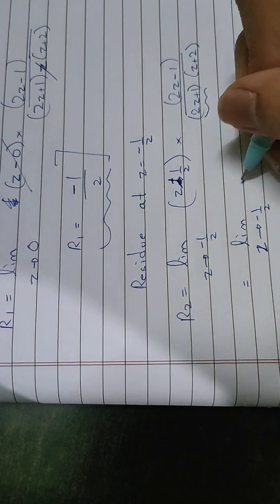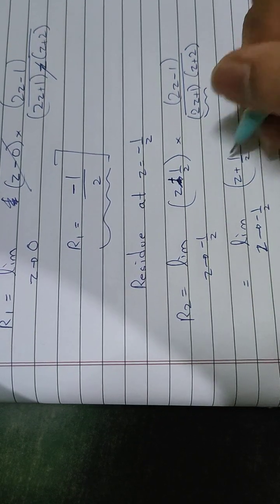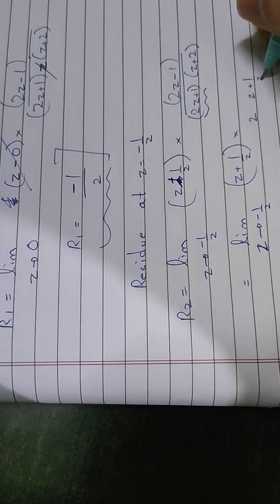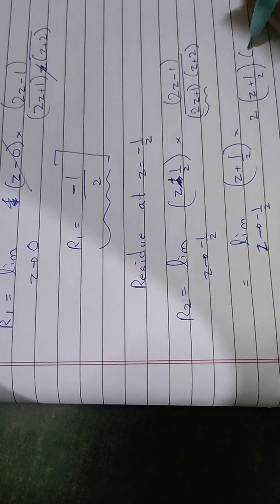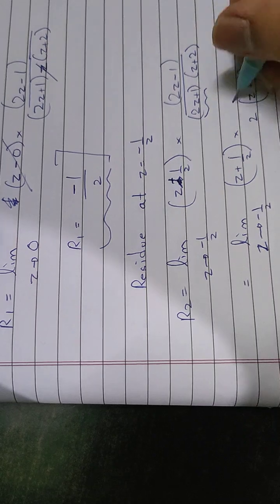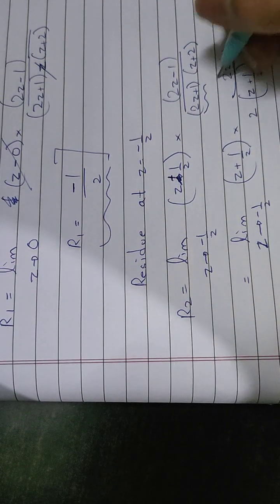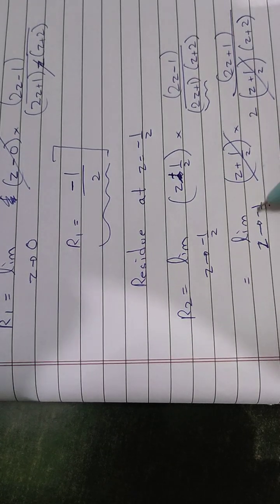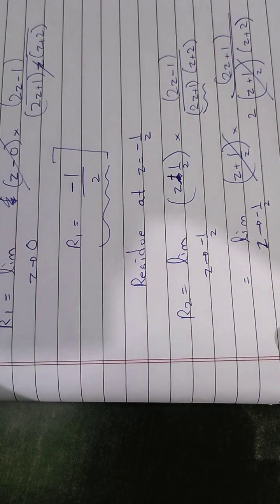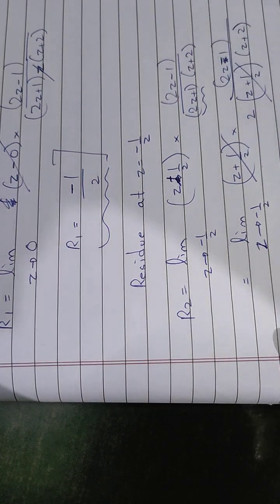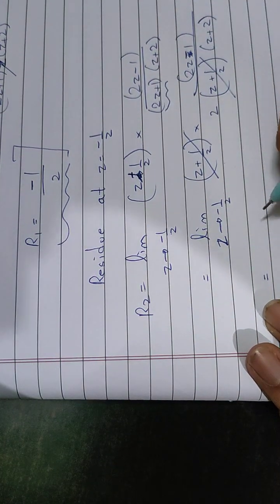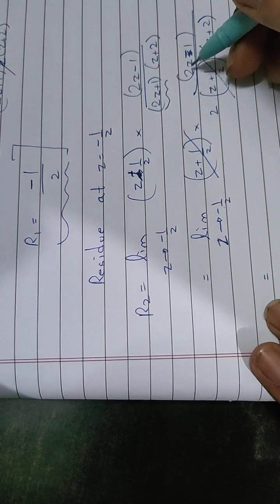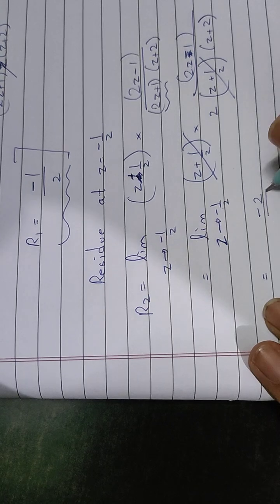Z tending to minus half, z plus half into, if we take 2 common, we get 2 here, and z plus half again, and we get z plus 2 and 2z minus 1. If you see, this term and this term now directly cancel out, and now we can put z tending to minus half. Substituting this, we get minus 1 minus 1 minus 2 in the numerator.